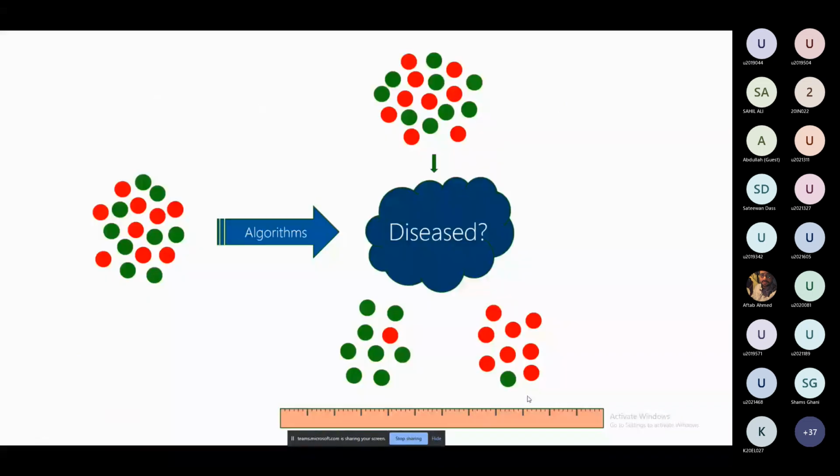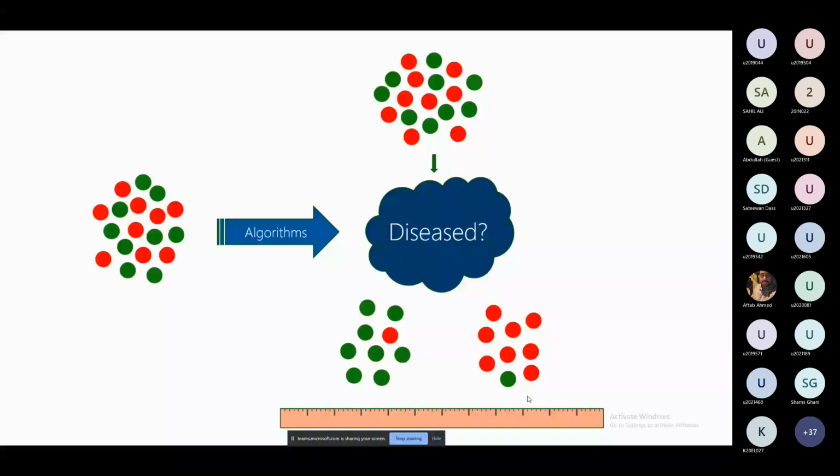Now, in this slide, I forgot to elaborate. We can use many different algorithms for the classification in this case. So algorithms can consider any number of parameters, such as, again, as I said, size, color, or chemical composition even.